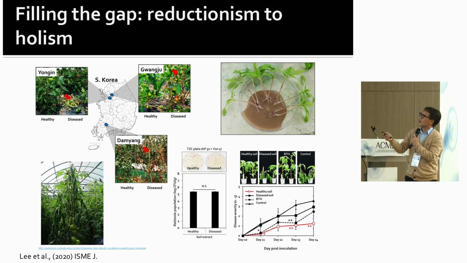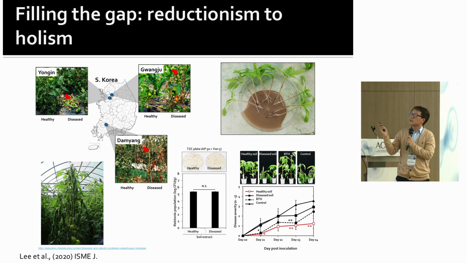We isolated bacteria and did metagenomic analysis. We found the bacterial composition is different in healthy and diseased plants. Simply said, this is dysbiosis, and this is symbiosis, eubiosis. That means a good bacterial composition makes plants healthier.